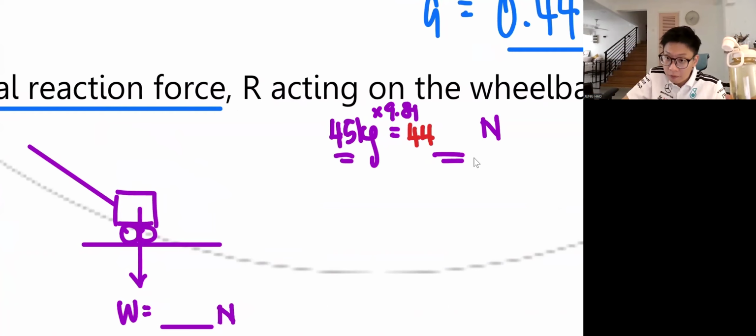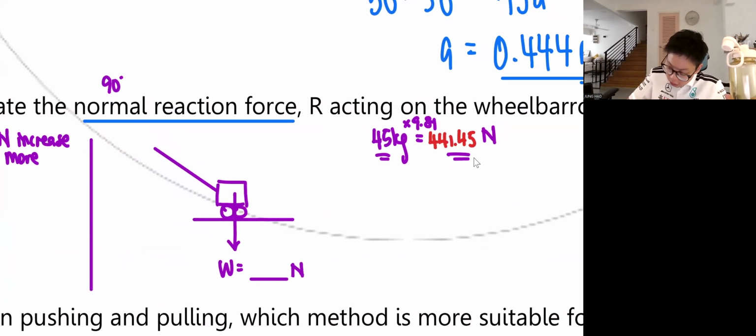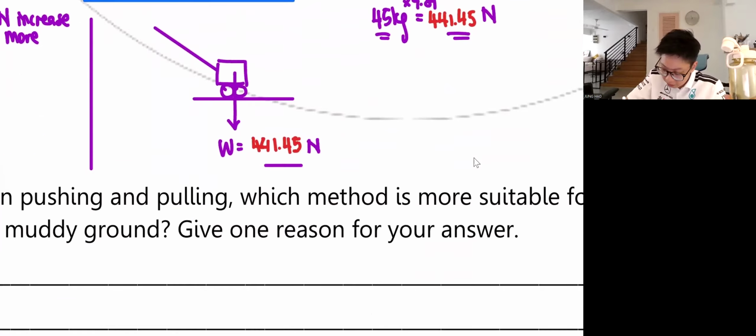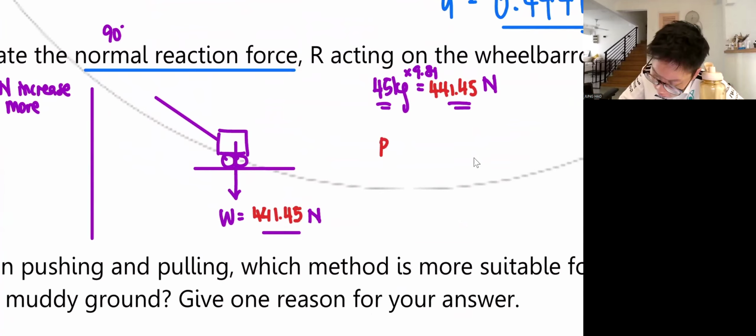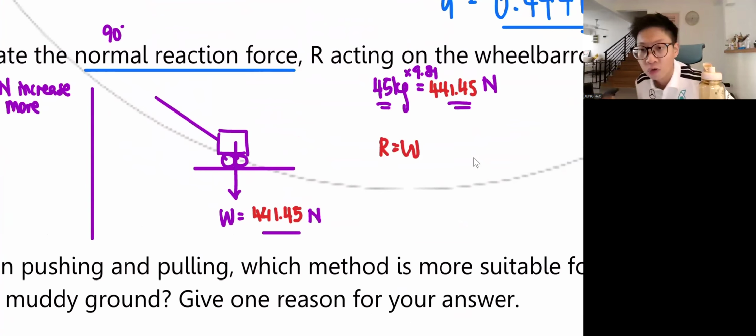So you get 441.45, correct? So this will be 441.45 Newton. Here comes the question, guys. For this question, will the reaction force be equal to the weight? Yes or no? What do you think?